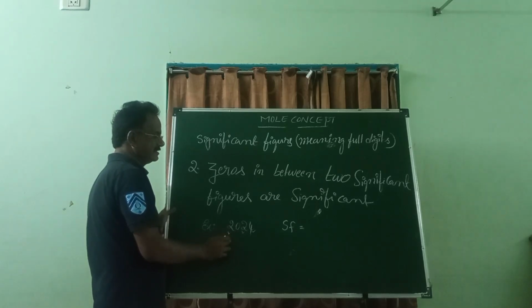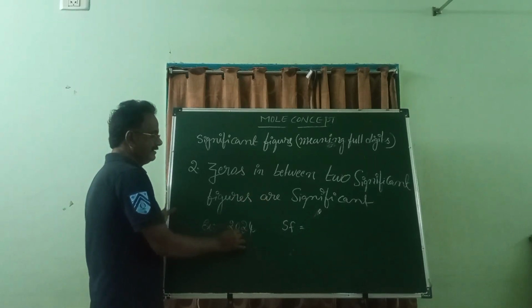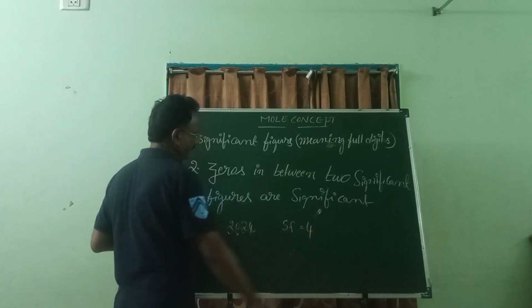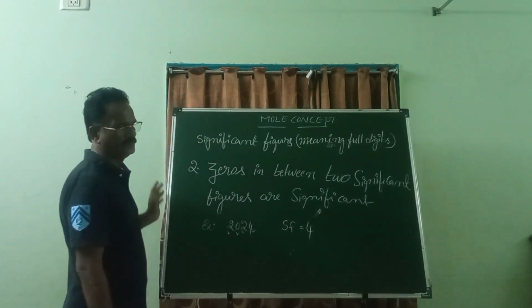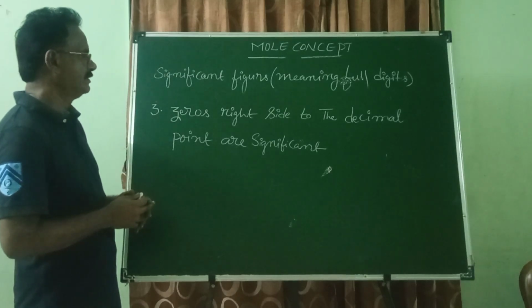When you consider the 0, as per the rule, zeros in between two significant figures are significant. So the 0 is also significant, and we can say that in this number there are 4 significant figures.